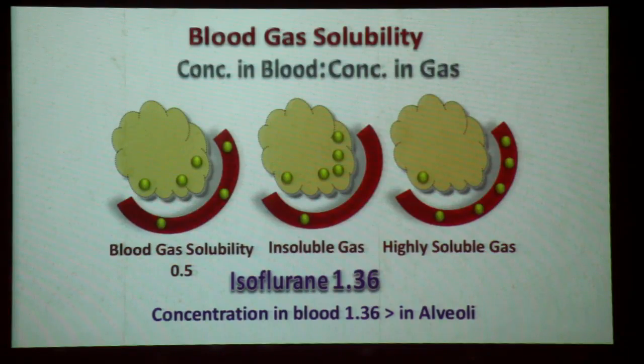When the concentration of isoflurane molecules in the blood is 1.36 times more than what is in the alveoli, at that point the partial pressures of isoflurane in the alveolus and the blood are equal. So more of the isoflurane has to go into the blood. The concentration may be higher in the blood, but it equilibrates with the alveoli because at that particular concentration the partial pressures are equal.